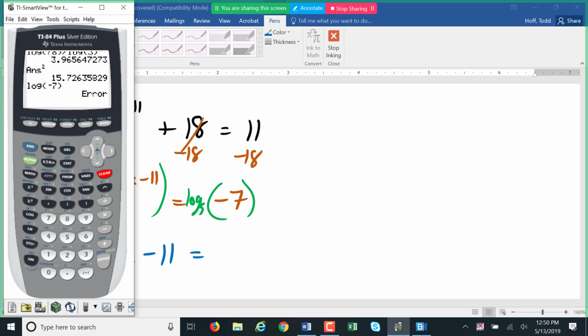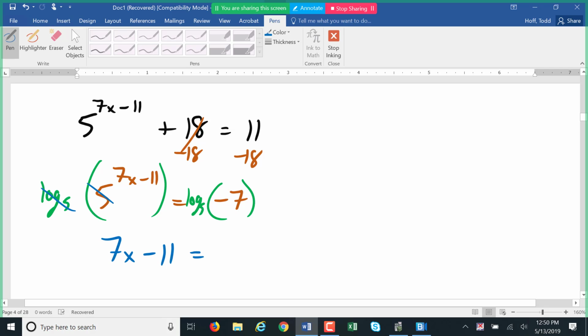Anything that is less than or equal to 0, we cannot take a log of. So this has no solution. There are no real numbers that define the log of a negative number, no matter what the base is.